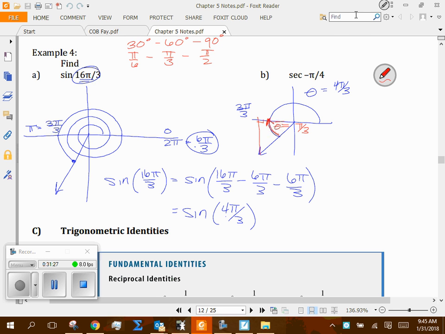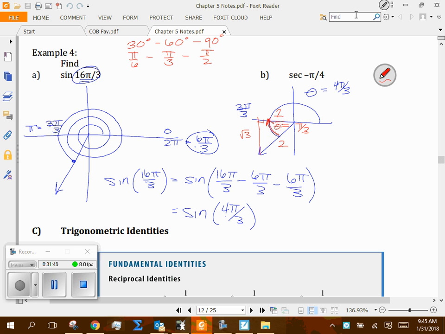So when I see those three numbers, 30, 60, 90, maybe I relate pi over 6, pi over 3, pi over 2. It's going to help us process a little bit. Across from 60 degrees is always your radical 3 side. Across from your 90 is always your 2 side. And across from 30 is always your 1 side.